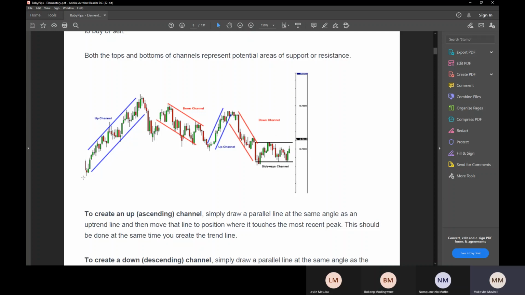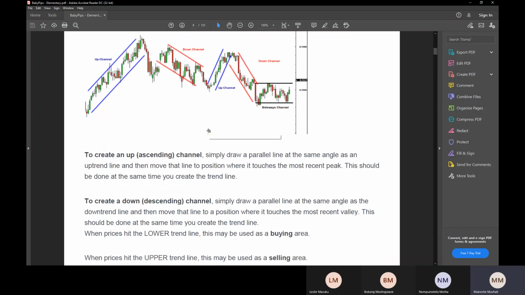But as the market is trending upwards, you can have a channel that is forming as it's trending. So you can also trade that. As you're trading this, you can buy and sell at a higher point, and then wait for it to retrace again, and then you buy again, and then you sell at a higher point, right? So that's essentially what happens with the channels.